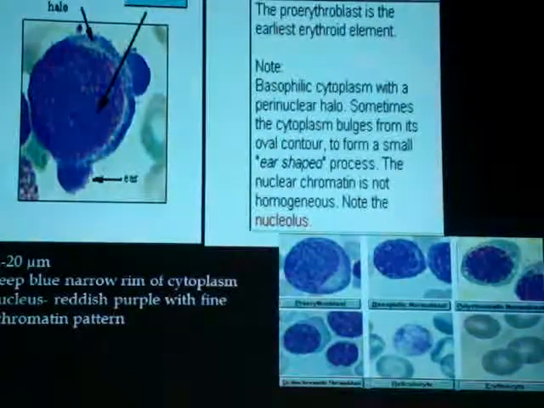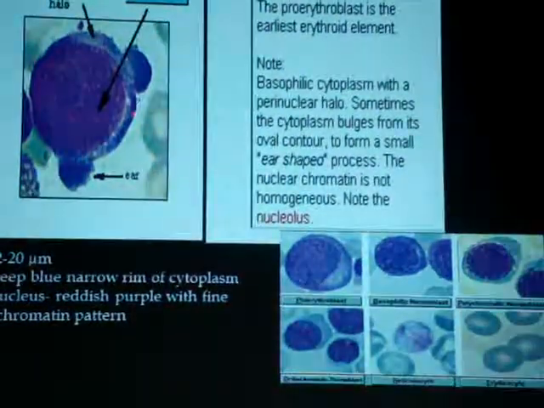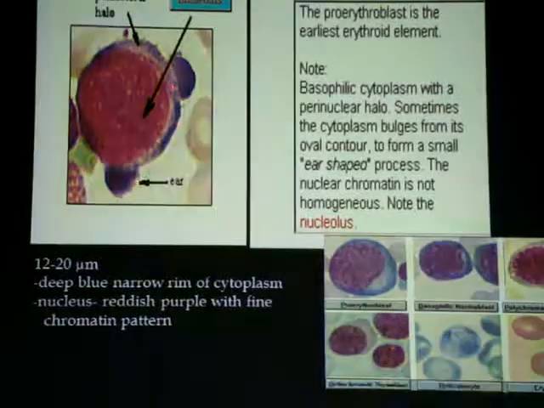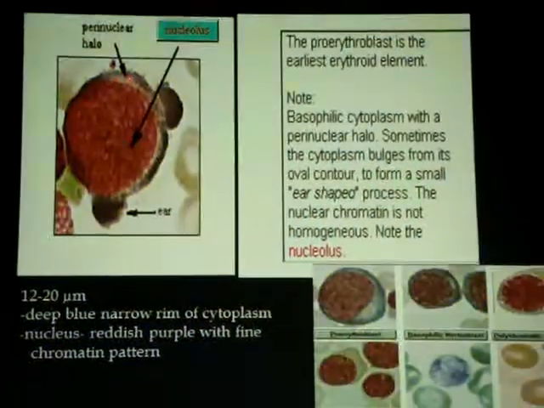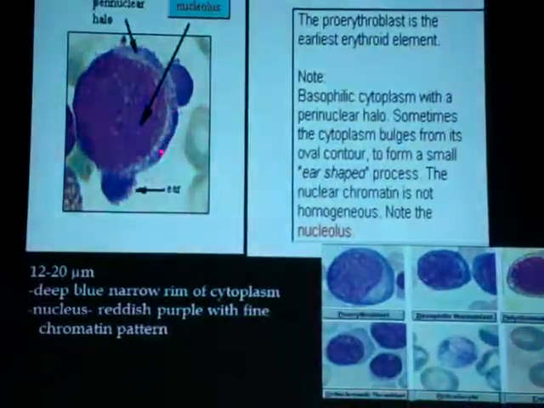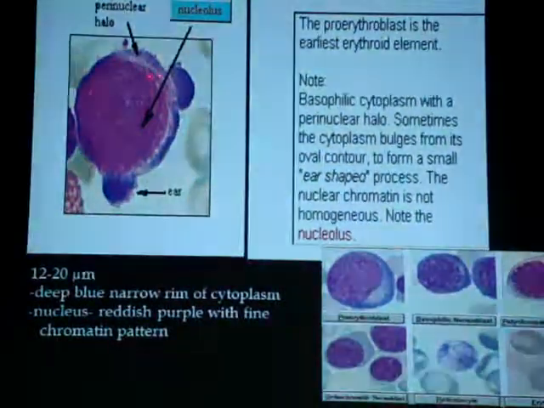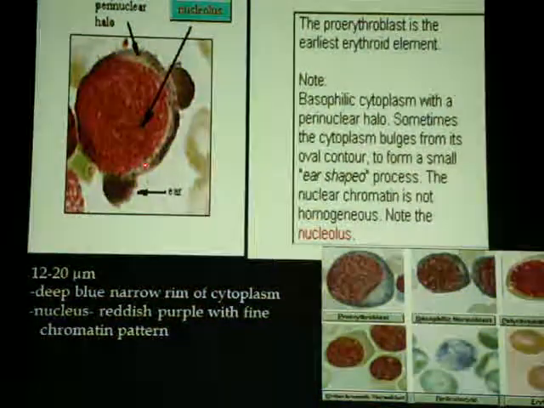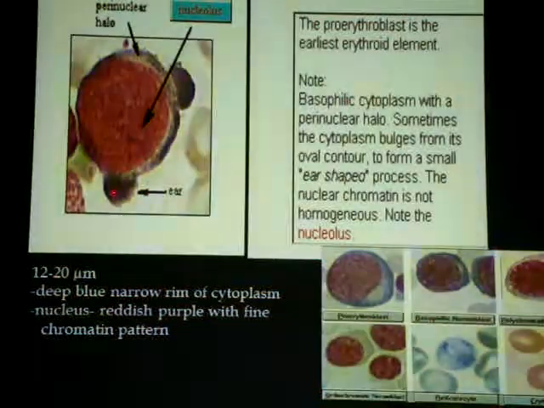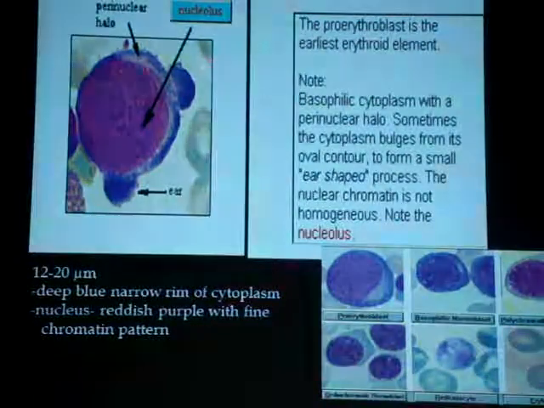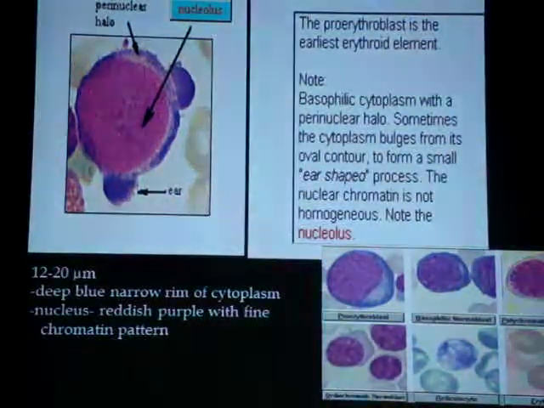Okay, so now for the specific features of each cell in the lineage. That's a pronormoblast, so basophilic cytoplasm with a pale perinuclear area. Some of the erythroblasts will display these ear-like protrusions, imparting a Mickey Mouse-like appearance.